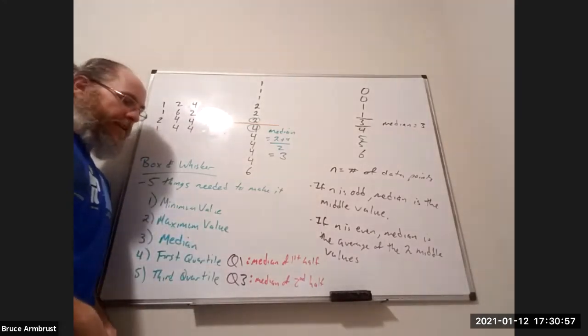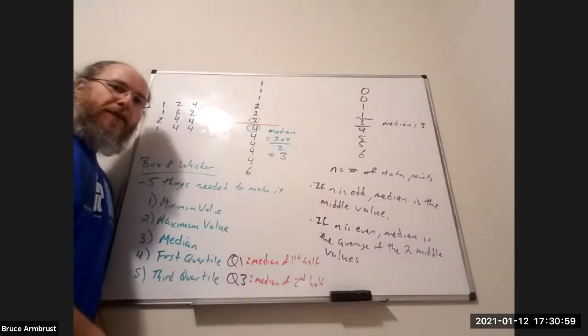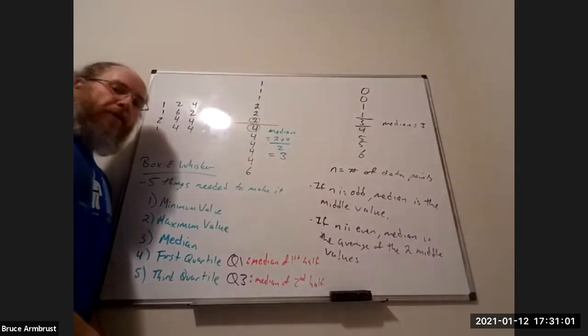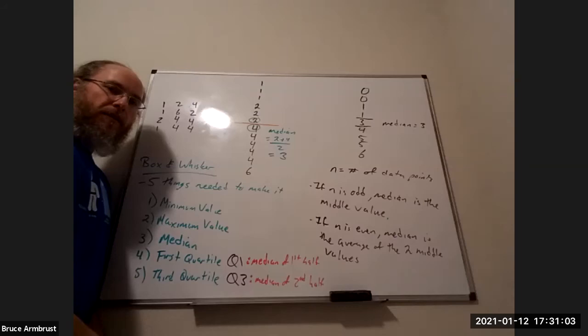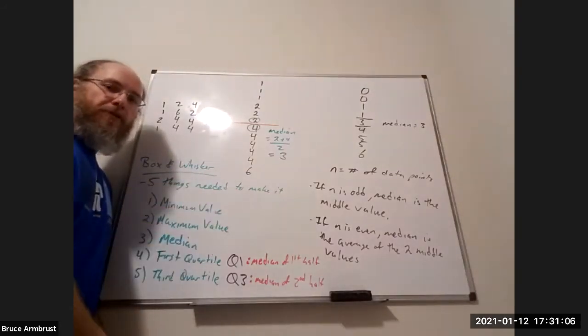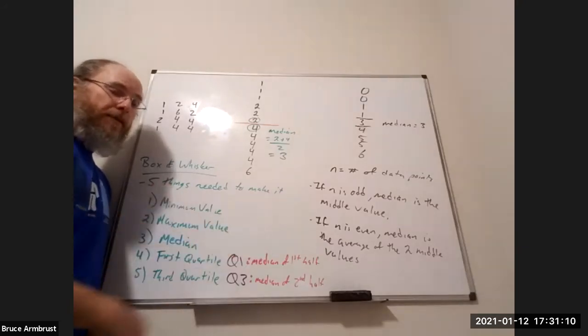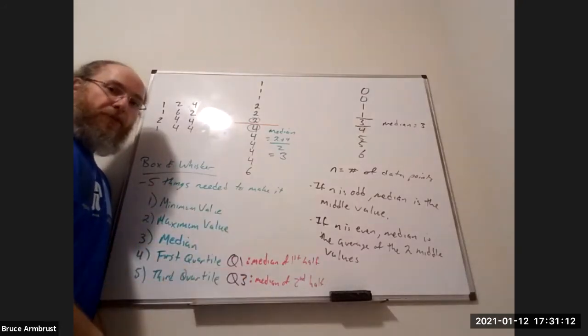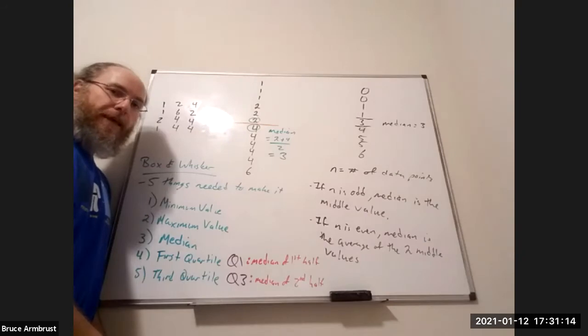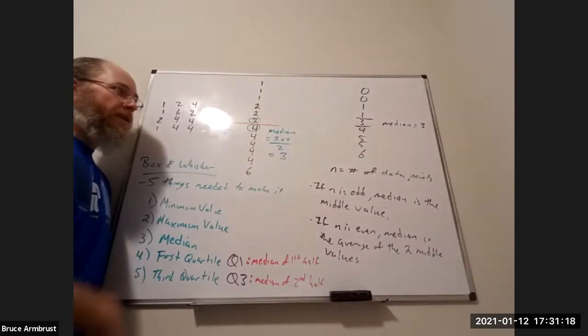So you can think of it this way. The first quartile is such that 1/4 of the data is less than or equal to it, and 3/4 is bigger. The third quartile, 3/4 is less than or equal to that number. Okay, so that's how quartiles work.